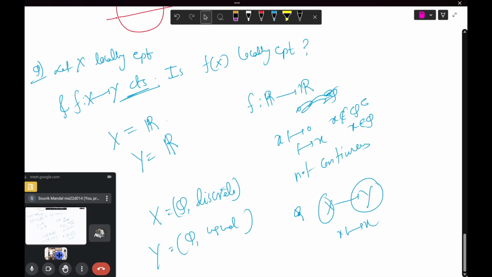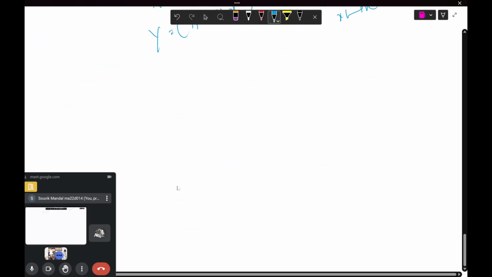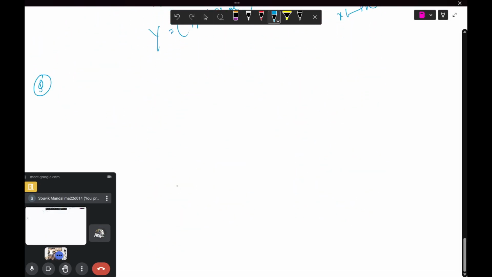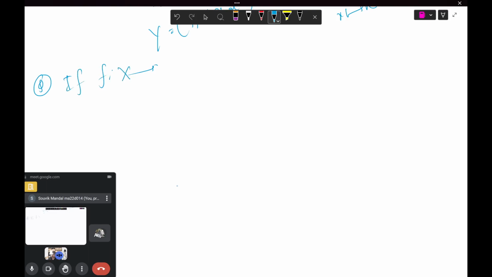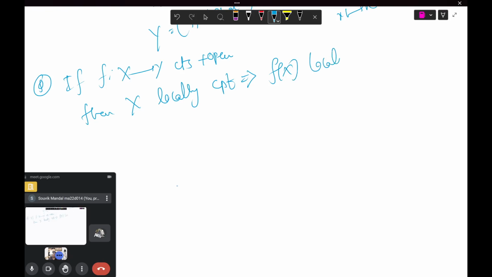But the thing is, if f from X to Y is continuous and open, then X locally compact implies f(X) locally compact.